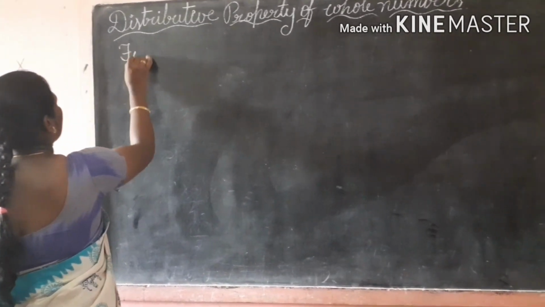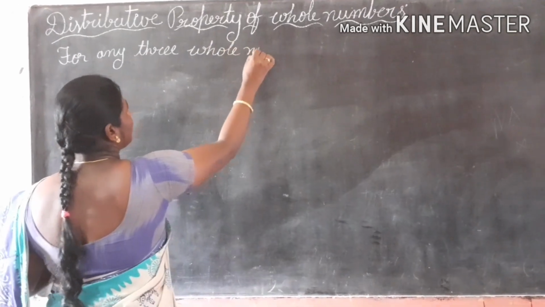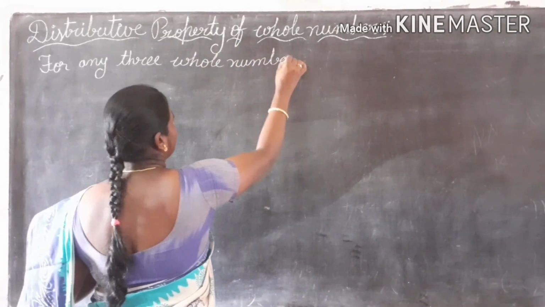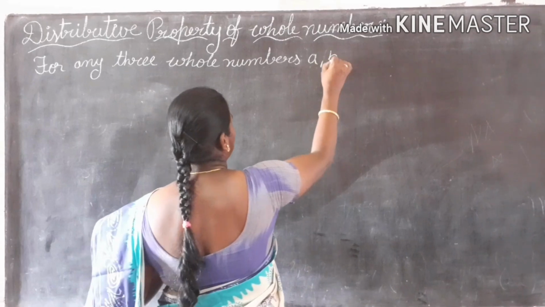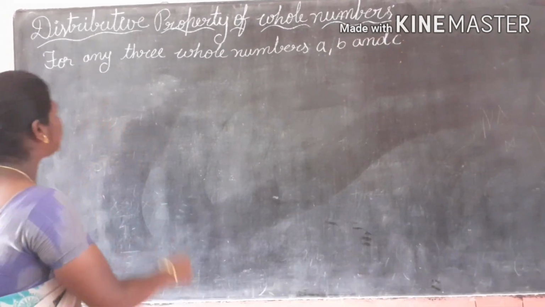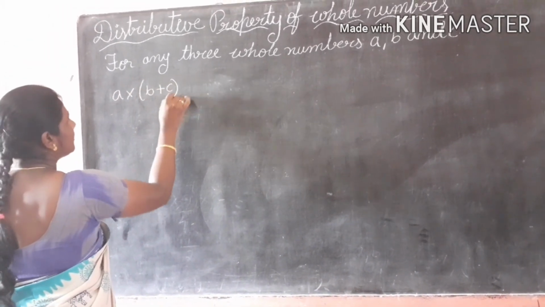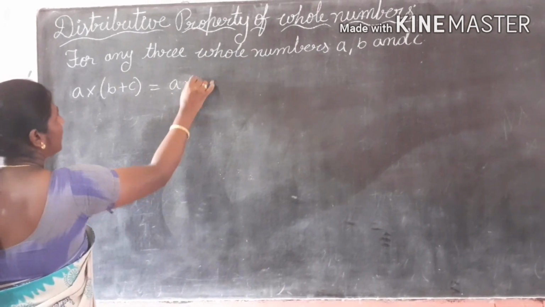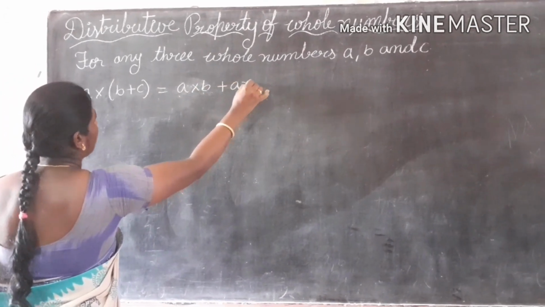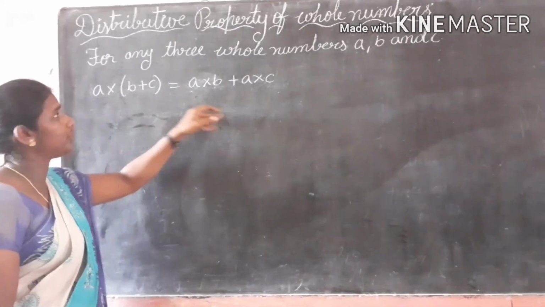For any three whole numbers A, B and C, A into B plus C is equal to A into B plus A into C.